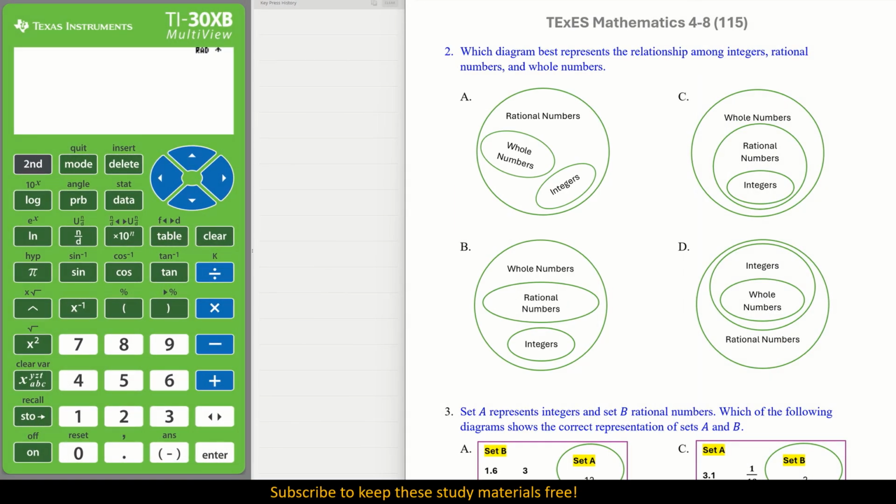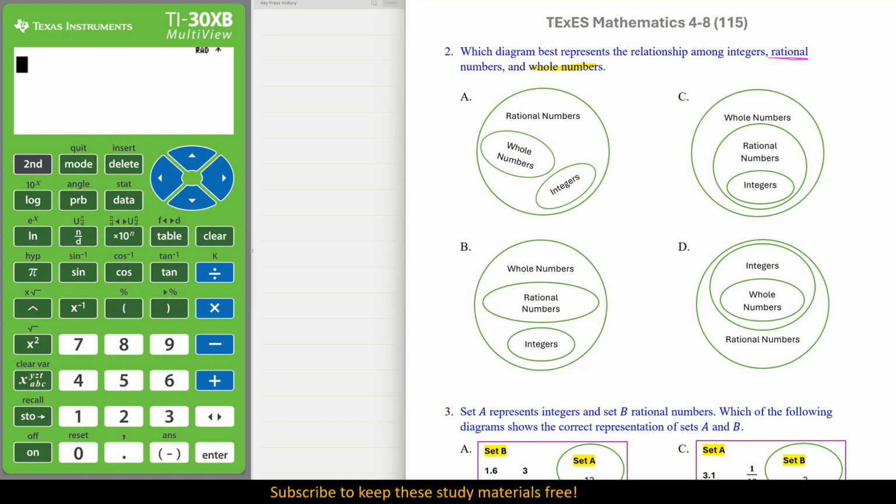Number 2, which diagram best represents the relationship among integers, rational numbers, and whole numbers? Now, if you remember what was discussed prior, whole numbers are a subset, meaning they're within our rational numbers, okay?